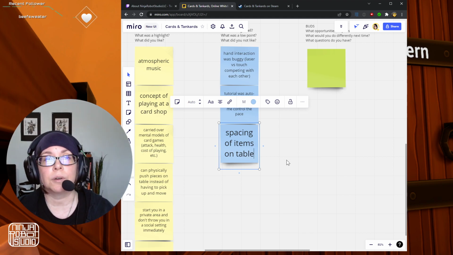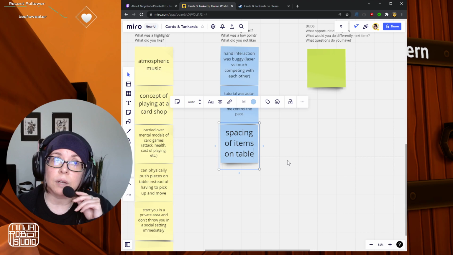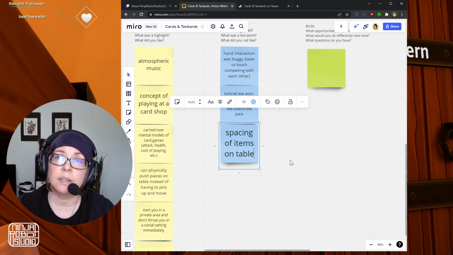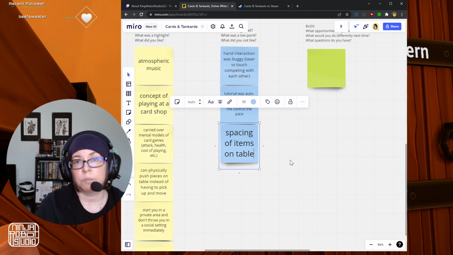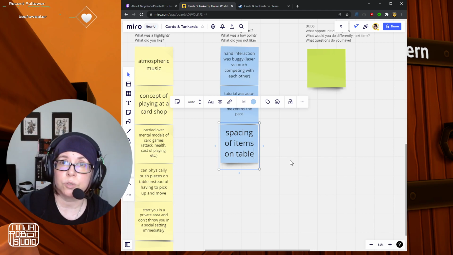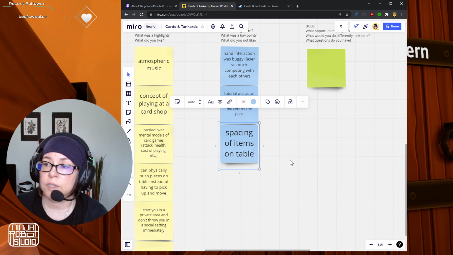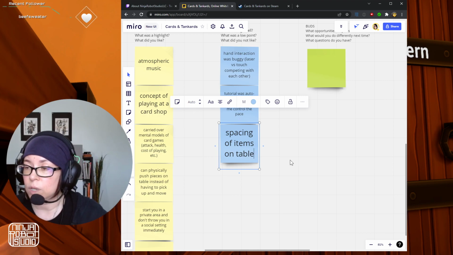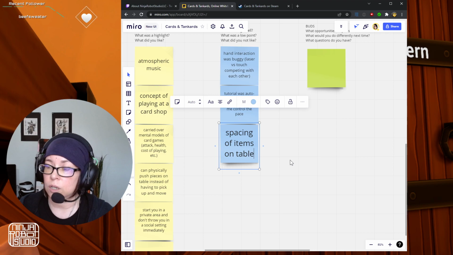Let me think how I want to write that out. I would want to keep them kind of separate. They go together as far as a theme, but they're still separate issues. One was the size of the table and how spread out everything was, as far as my cards and my decks and my discard piles and stuff.